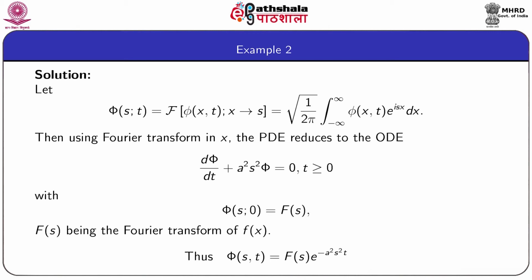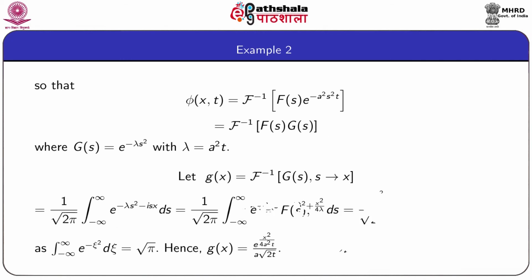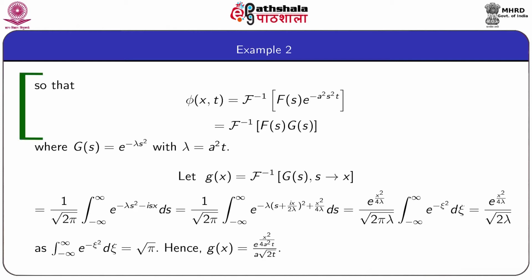So, we have obtained capital Phi. Now, small phi is obtained after taking the Fourier inversion of capital Phi, so that small phi(x,t) is equal to the Fourier inversion of capital Fs into e to the power minus a square s square t.